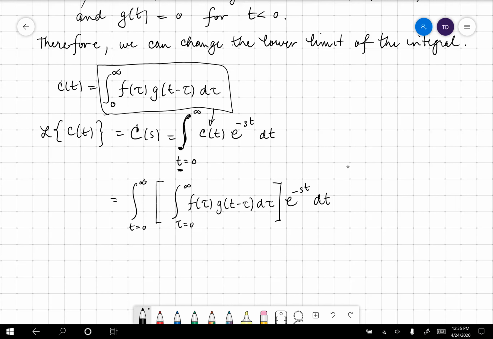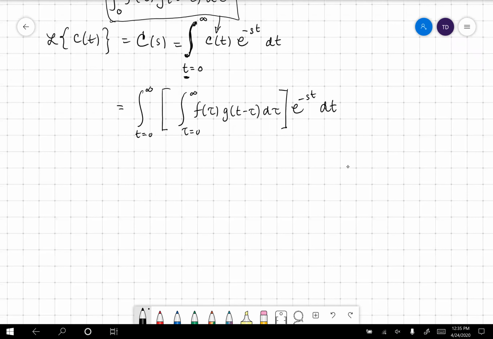So I don't know how familiar you are with integrals and when we can change the order of integration or not. An integral is a summation. So changing the order of the summations is allowed in this case. And so what I'm going to do is I'm going to change the order of summation.